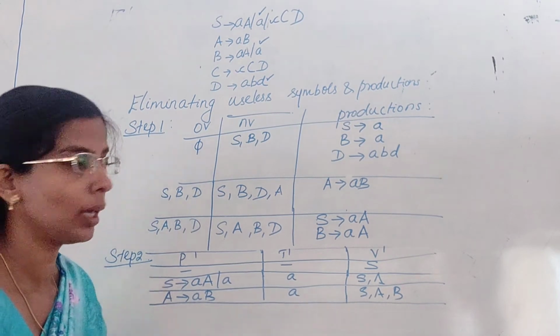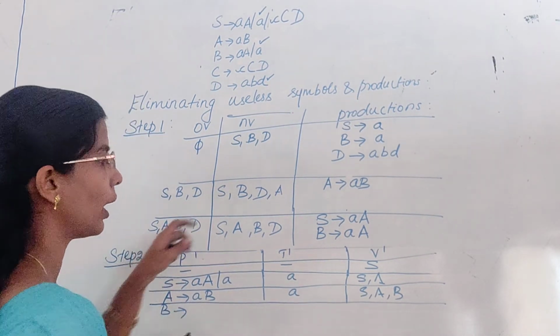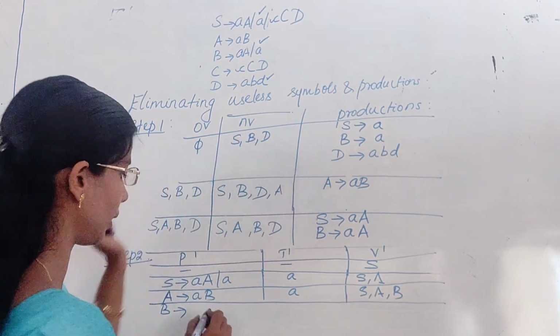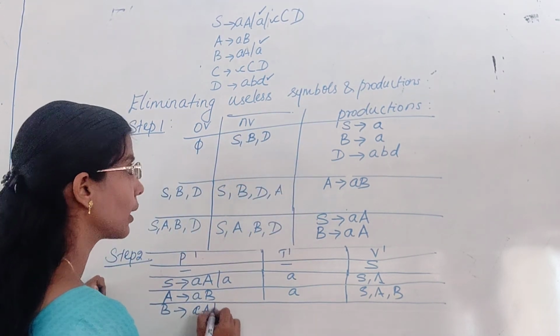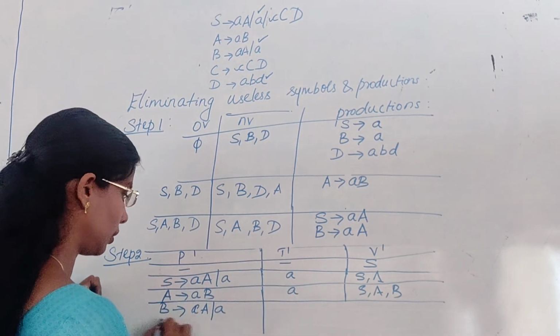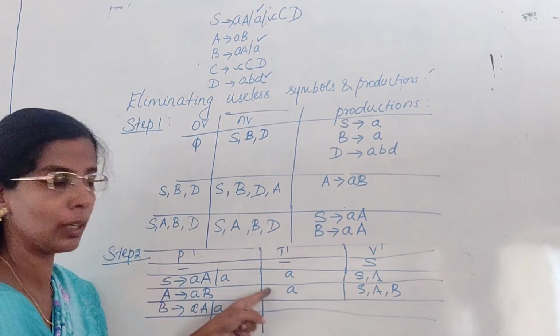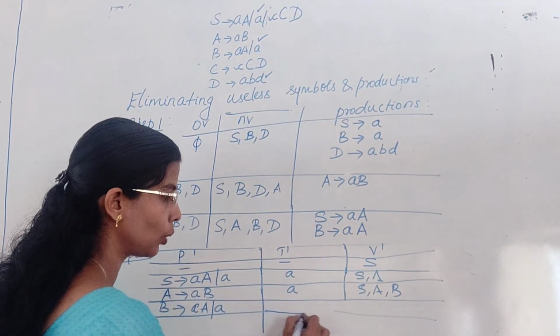See step 1 and write the B productions. How many B productions do I have? I have 2 B productions. Combine and write A, or A. Write down. And copy the terminal from the previous row.